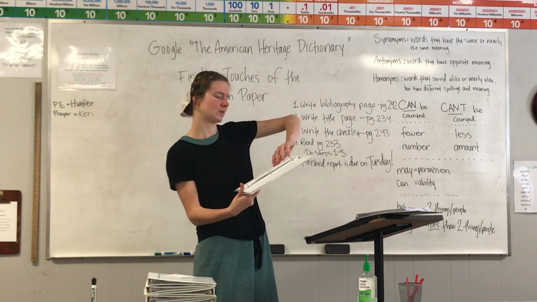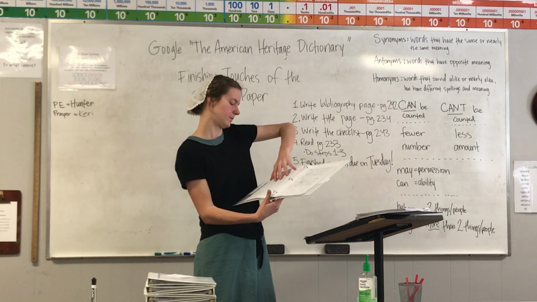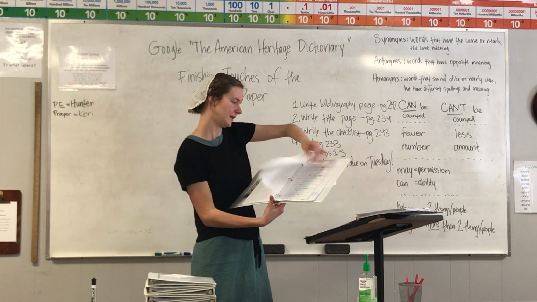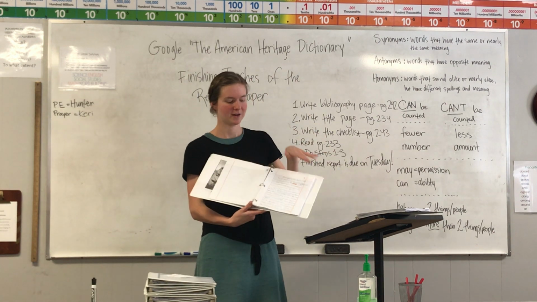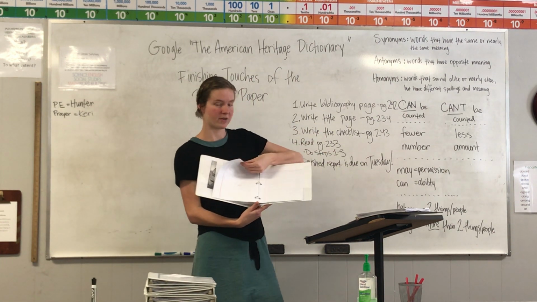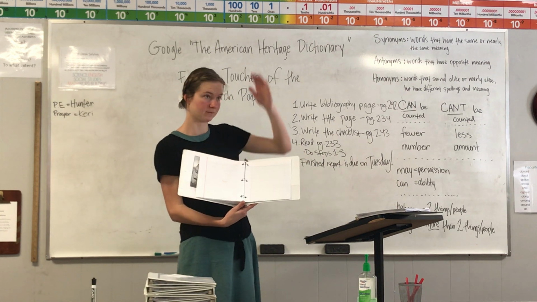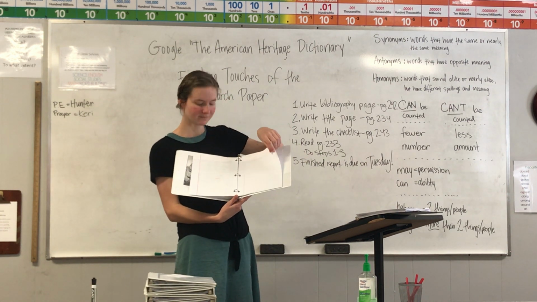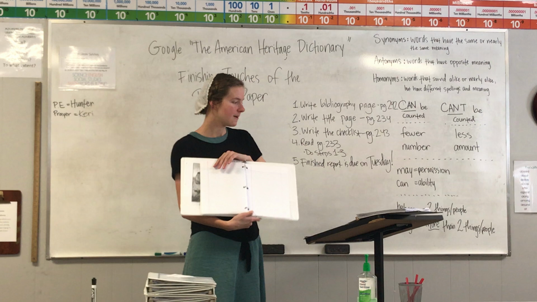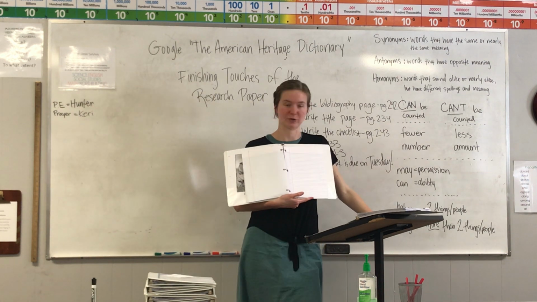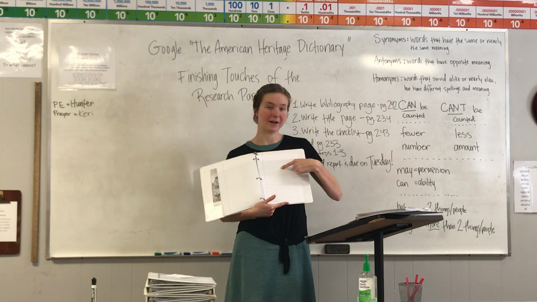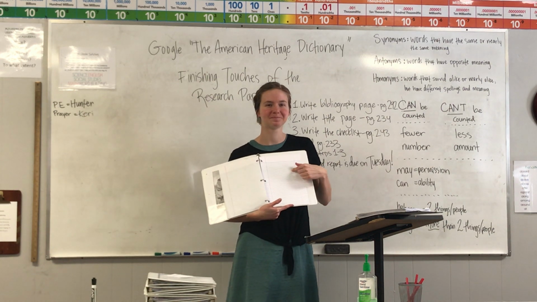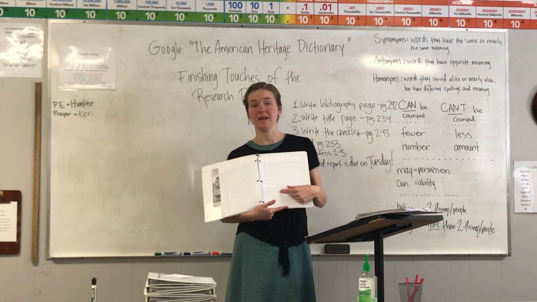Like Judson's was, let's see, Brave Woodsman Daniel Boone. So you would write that 6 lines down on your title page, following the sample page on page 234. So you're going to have the title of your research report, then you're going to write the date of today.